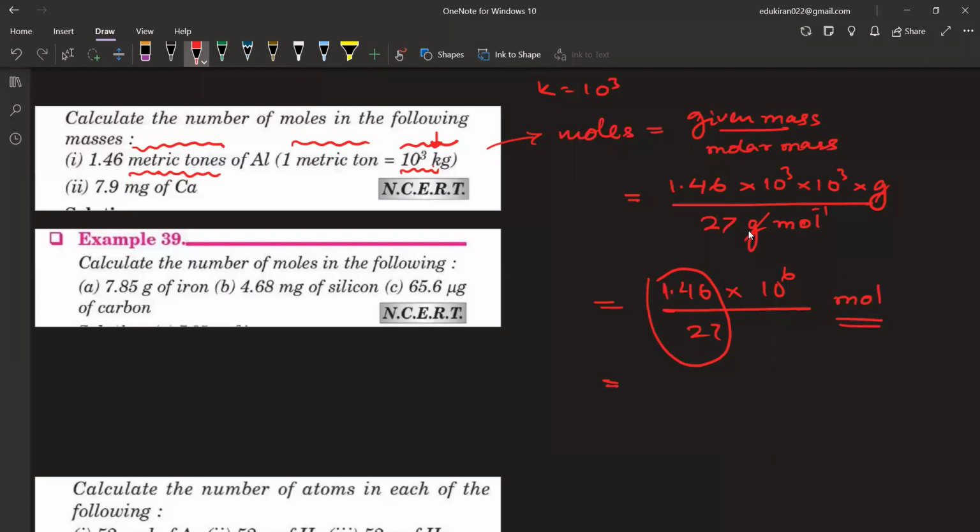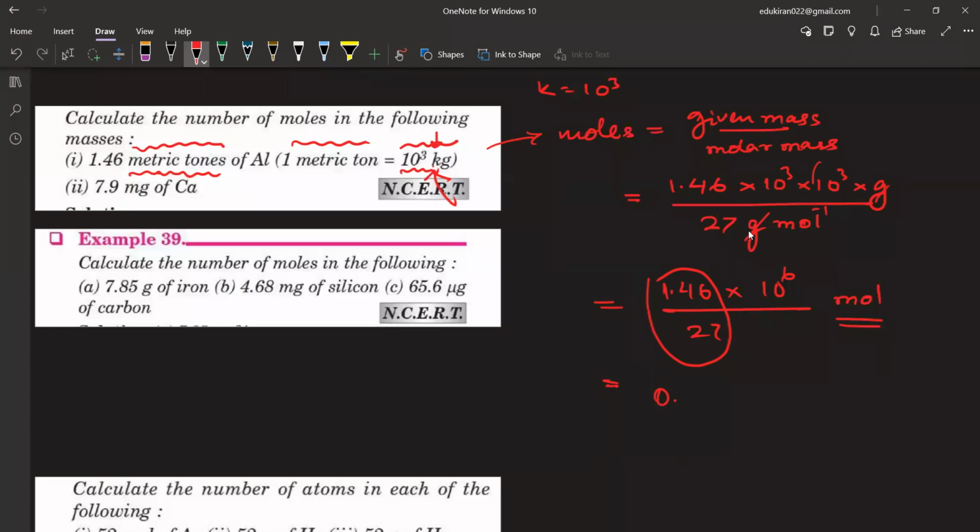Anyone else? Aisha, Iram, Fahad? I got the answer 54. 54 only? I think you forgot this k, right? Yes, 54 into 10 power 6. 10 to the power 6 or 3?